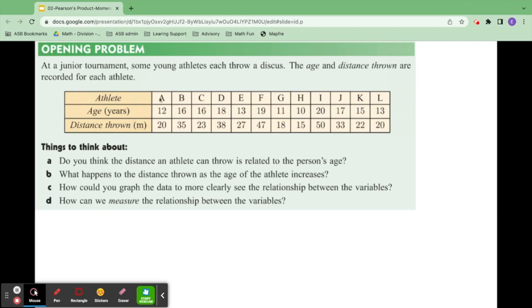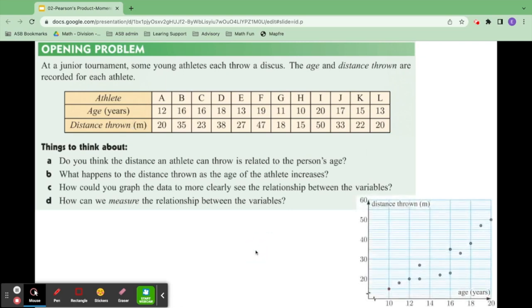So what you probably would do at this stage is a scatter plot. You would probably do a little graph like this where you have each of your points represented. And now we can answer the question a little bit better. Do you think the distance an athlete can throw is related to the person's age? Well, as we see on the graph, there seems to be a general trend that as the age increases, the distance increases.